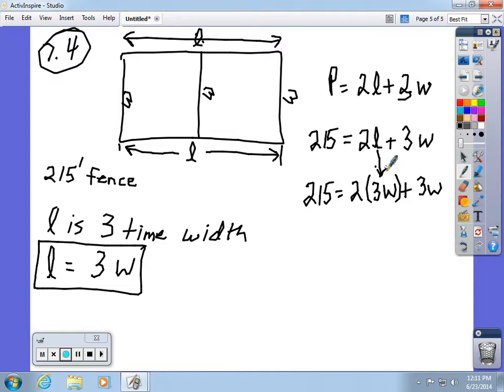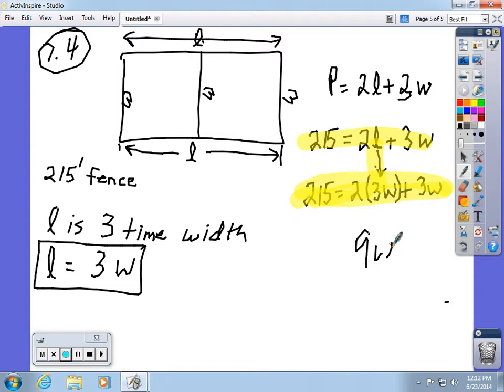Let me take my handy dandy highlighter. This right here is what you need to see to understand what we're doing in 7.4. That's it. All right, now you can solve it. 2 times 3W is what? 6 plus 3 is 9W.